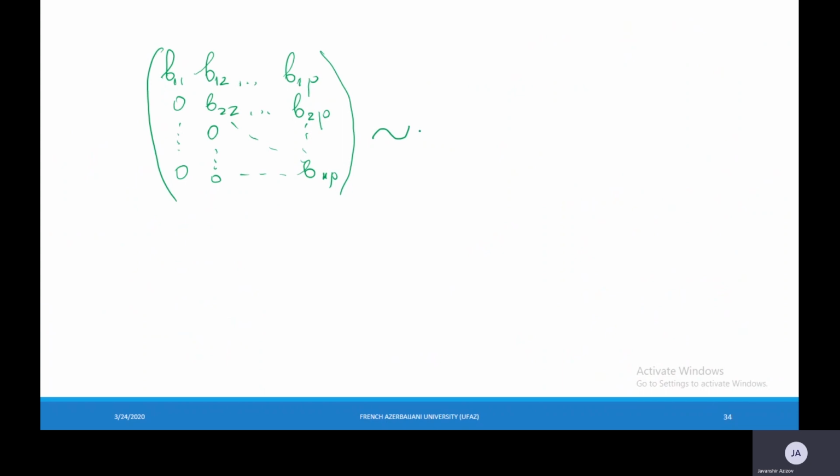And our final result is this type of matrix: B11, B12, B1p, 0, B22, B2p, and so on down to Bnp. It's the row echelon form of A. That's all.